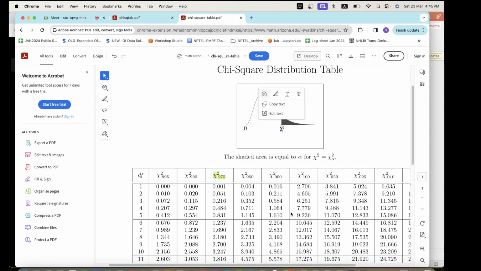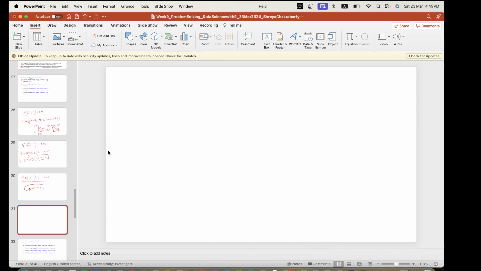Let's say if you have a standard normal variable, then x square would be a chi-square with degree of freedom 1. Degrees of freedom implies the number of independent values that you can take.